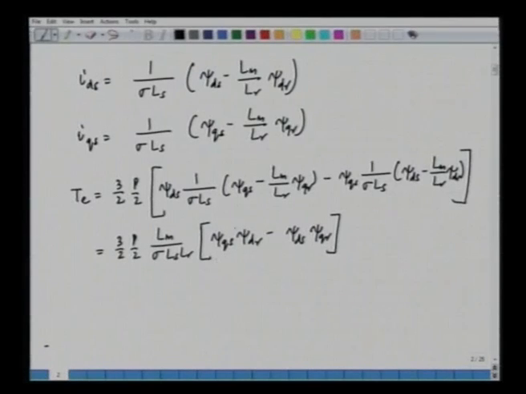So, what we will do here, we have the expressions which have psi qs, psi ds and psi qr and psi dr. We will try to find out what are the meanings of these four fluxes.